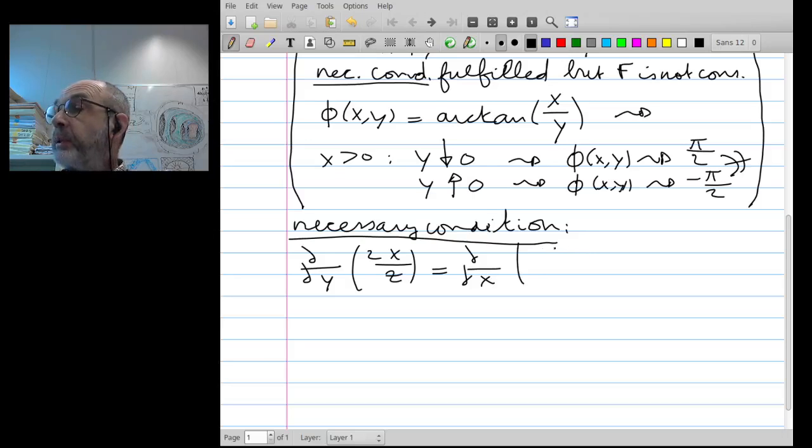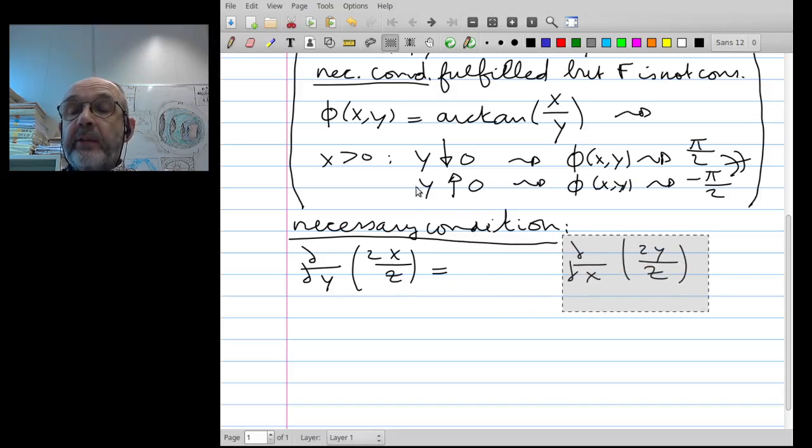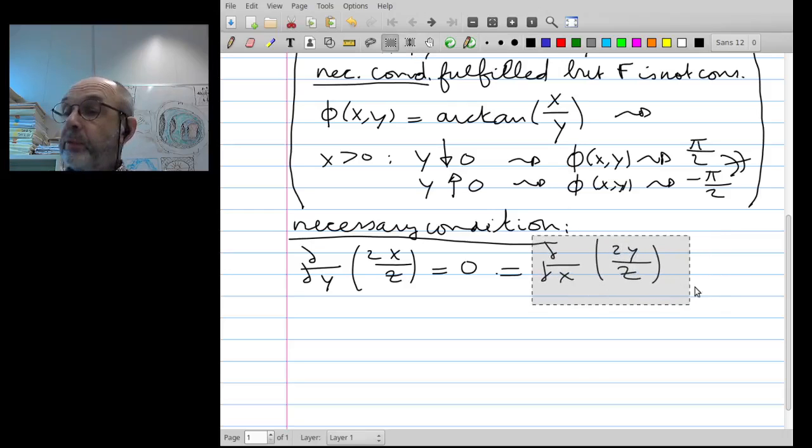And the second component is 2y divided by z. If I calculate that derivative, I get a 0 out of it here, and that is equal to the derivative of the second component to x. So the first condition is fulfilled.